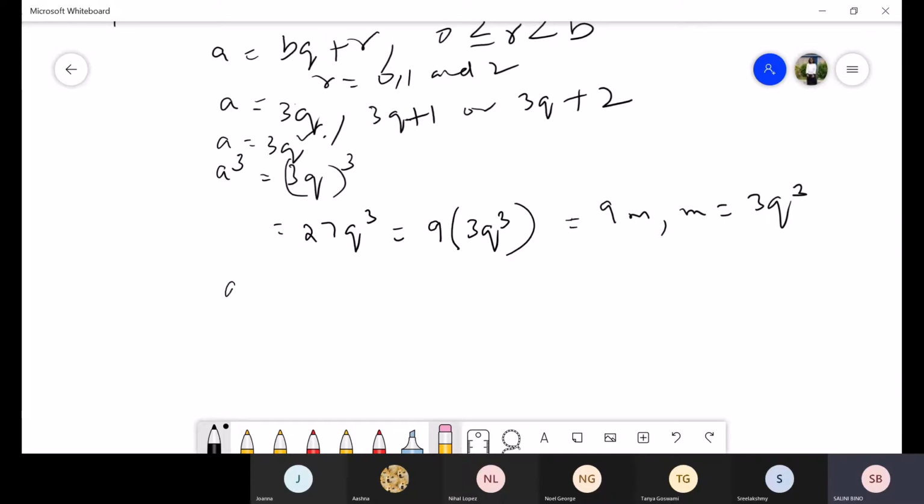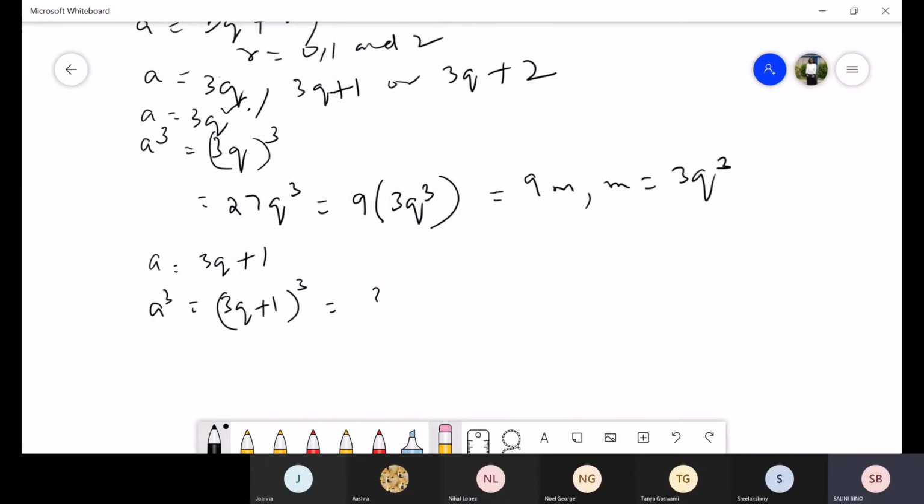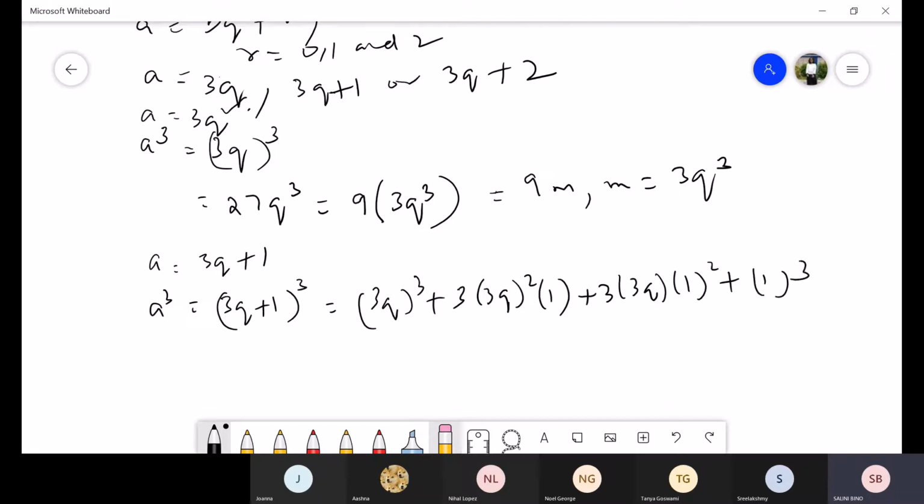Now I'll take a equal to 3q plus 1. Then I'm going to cube, so that it will be 3q plus 1 the whole cube. You remember the identity, a plus b the whole cube: a cube plus 3a square b plus 3ab square plus b cube.